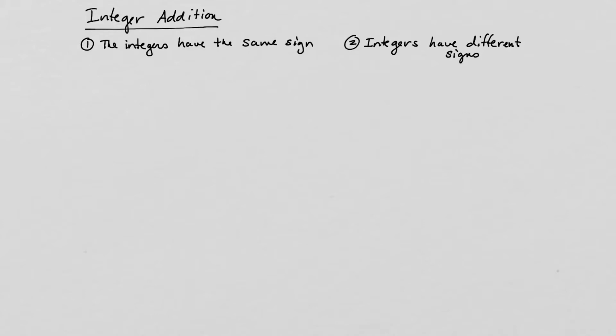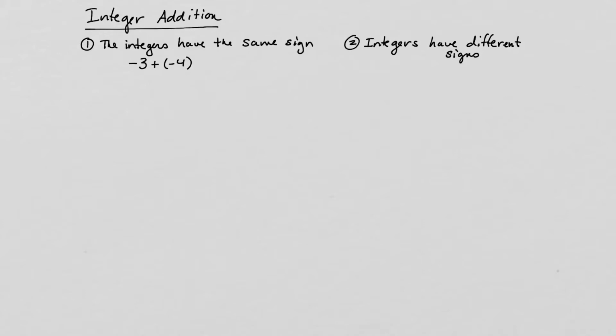Okay, so we have our two cases. So the integers, either they have the same sign or they have different signs. And so let's look at an example for each one of them. So integers that have the same sign. So basically something like, say, -3 plus -4.